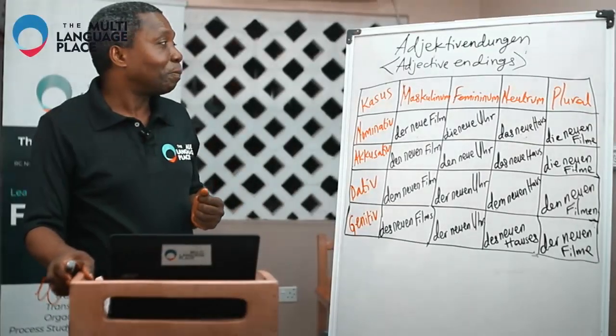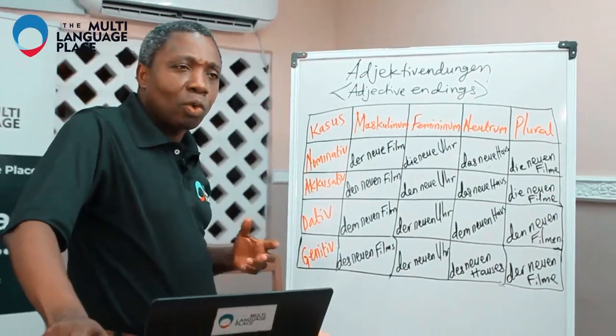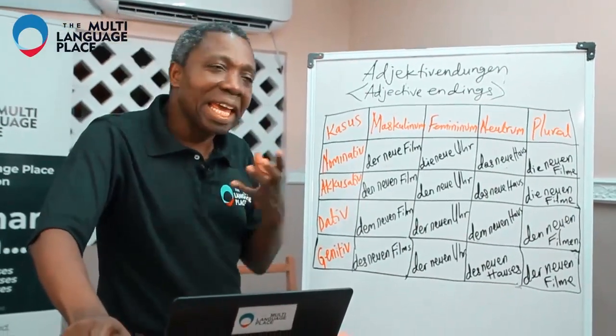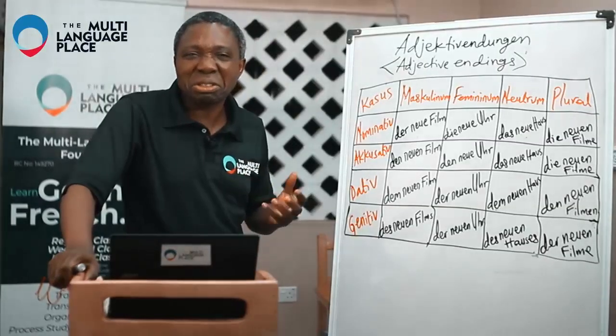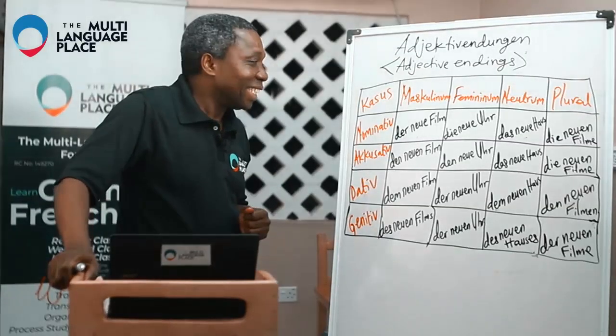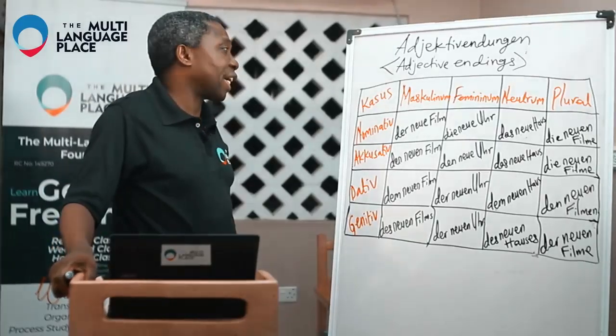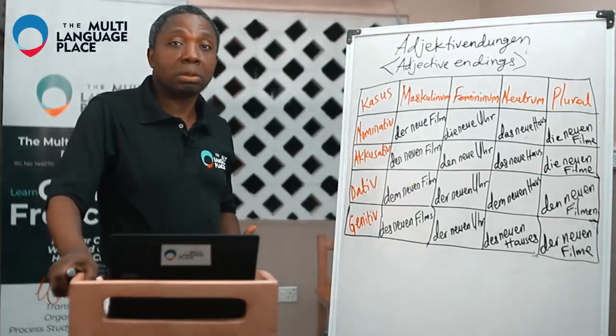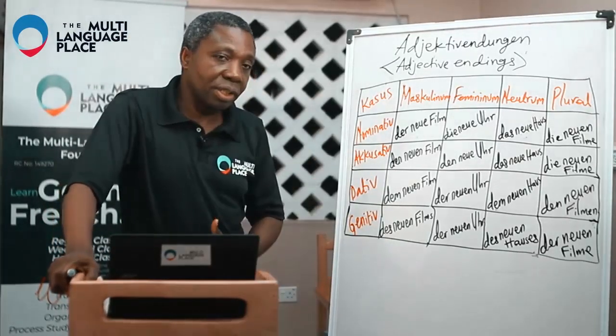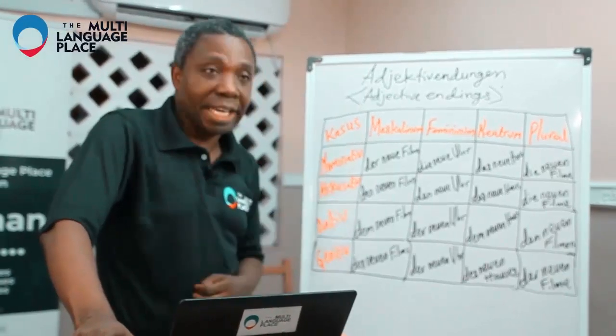Now we come to the adjective endings, which looks somehow complicated, but actually not too complicated. And this table will always be helping when we are talking about cases: nominative, accusative, dative, and genitive.